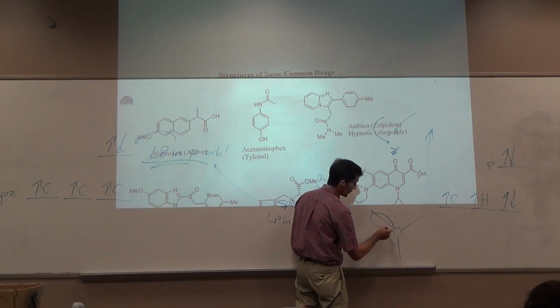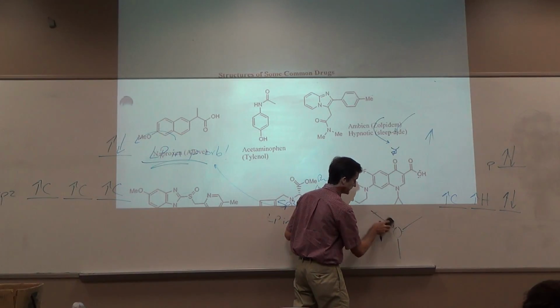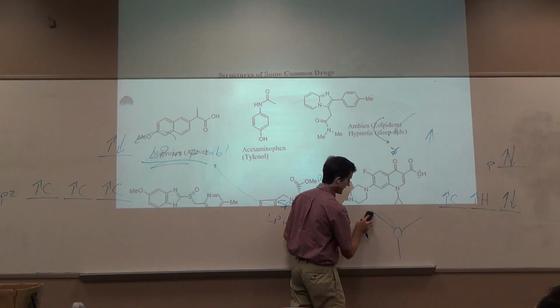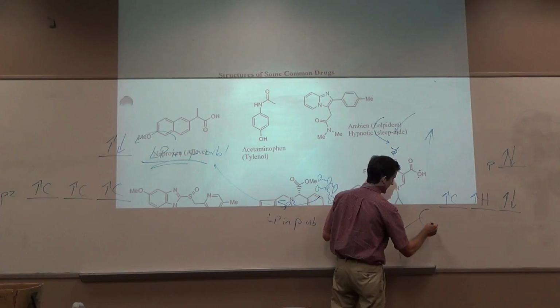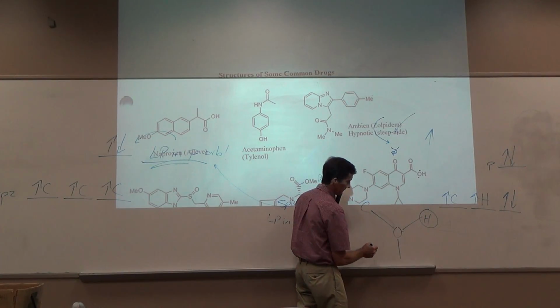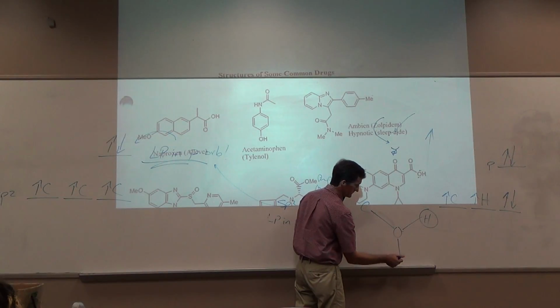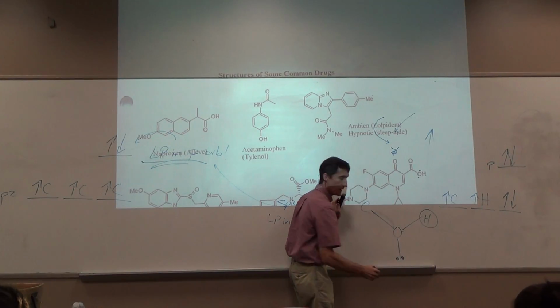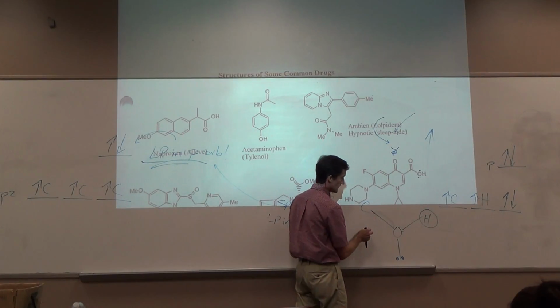I could draw them like orbitals if you want, but pretend those are the hybrid orbitals. This one's interacting with an H. This one's interacting with a carbon. What is coming out here in this orbital? Lone pair. Okay? Tell me if you can't see. I'm getting a little low here.